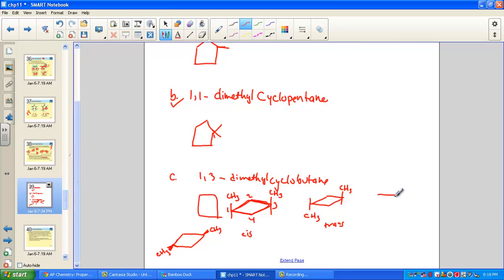And over here, trying to draw with this marker here. Again, one would have to be a dashed line, and the other then would come off as a solid wedge to indicate trans. Doesn't matter which side I put them on, because I could just literally flip the molecule.